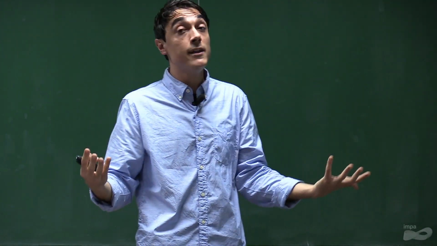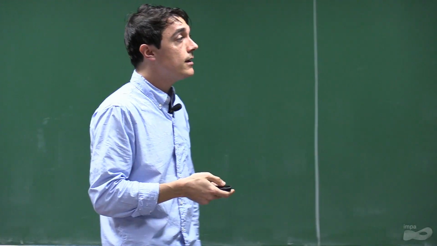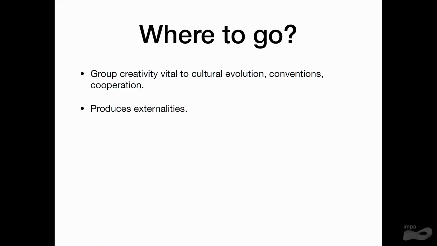Game theory is all about interaction. So group creativity drives cultural evolution, and it produces externalities. Together we create something, we solve a problem, we create a product that gets released into the world, that gets sold, shipped, manufactured. The whole creative and manufacturing process produces externalities all along the way.